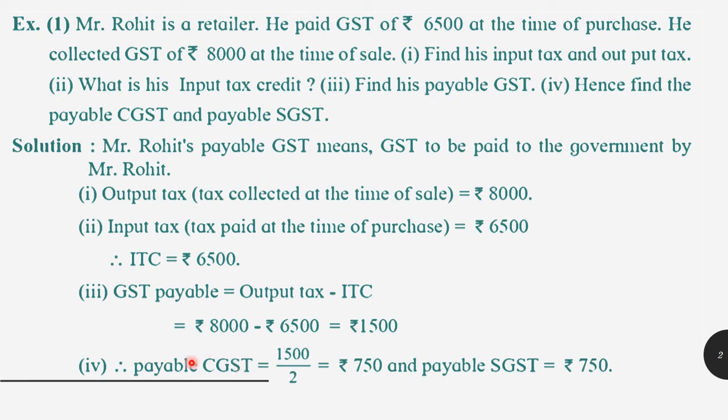So central GST will be 1,500 divided by 2, that is 750. Payable state GST is also 750. Only the term payable has come, but the relation between CGST, SGST and GST does not change. Whichever is the total GST payable, half will be payable central GST and half will be payable state GST.